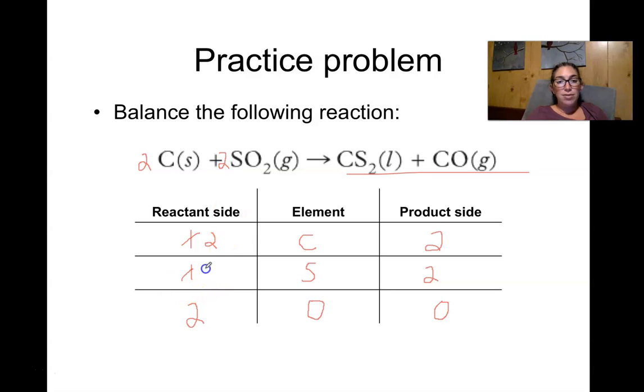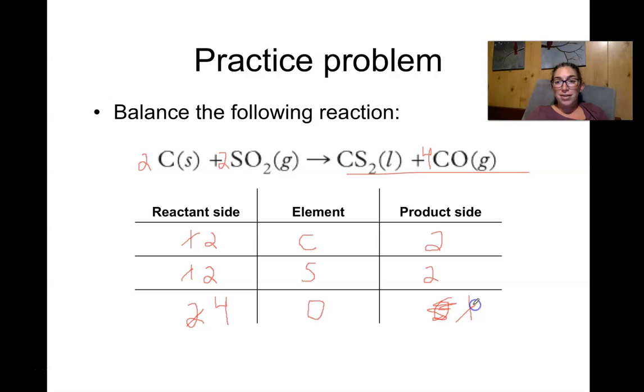Now we have 2 sulfurs, but we also multiplied those oxygens, so now we have 4 oxygens over here. And oops, why did I put a 0 there? We have 1 oxygen on the product side. All right, so now to make 4 oxygens on the product side, we put a 4 here.